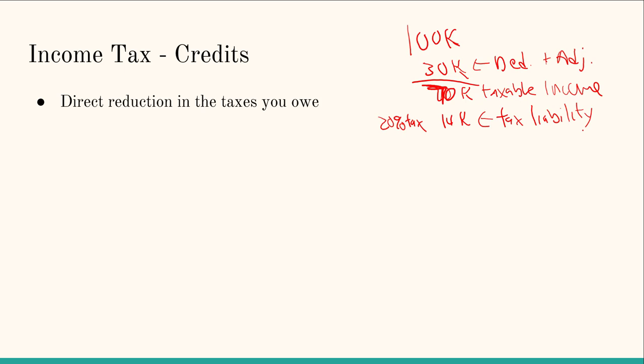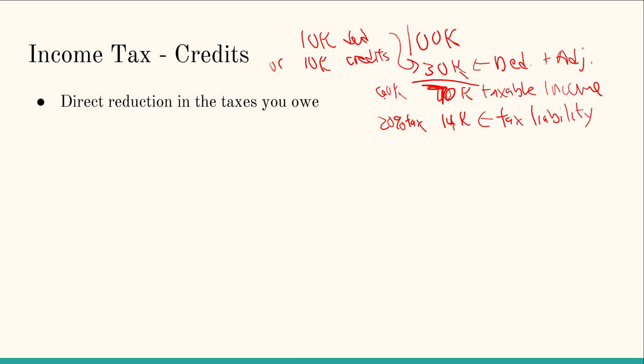Okay, so a credit is a dollar for dollar reduction in this 14K. Let's say you had the option of taking 10K in deductions or 10K in credits. A deduction is just going to reduce your taxable income. So let's say we had an additional 10K in deductions here, and so we had 60K of income.